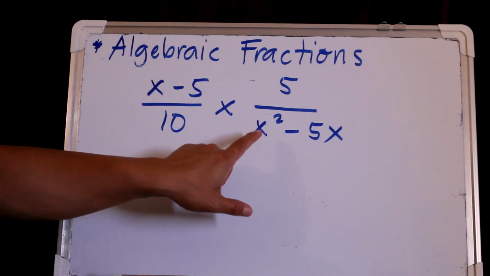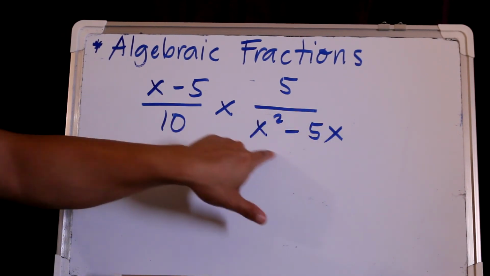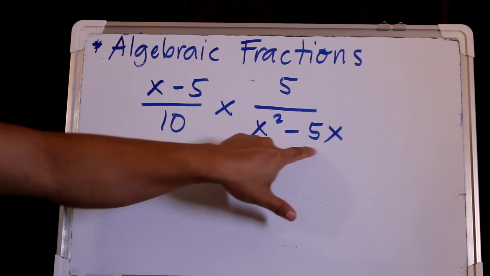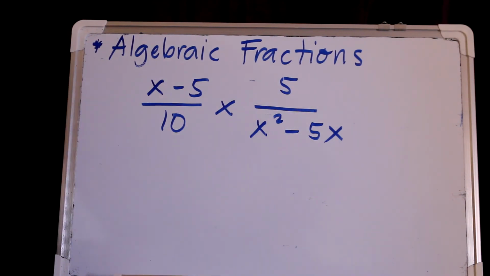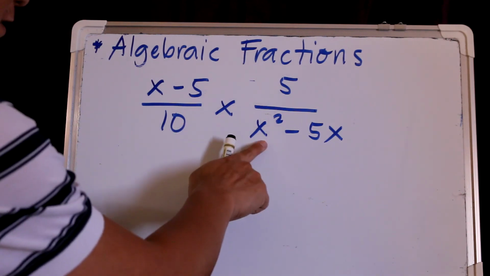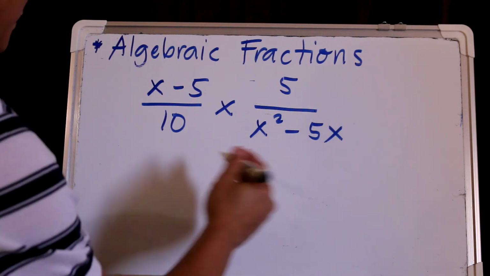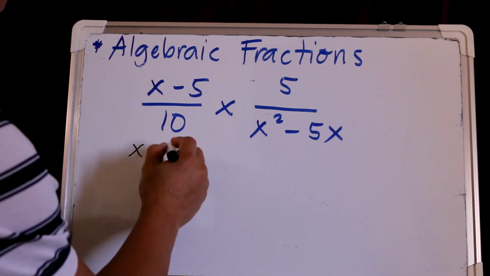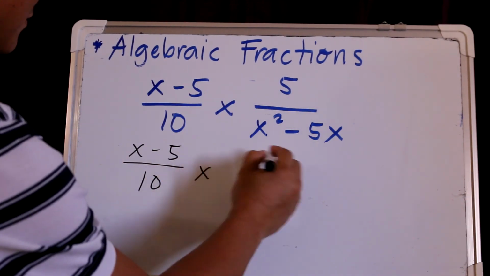Alright, so we have this part right here. We have a quadratic algebraic quantity. Okay, so it's a quadratic expression here. So what we are going to do, we will simplify this, and since it doesn't have any number here, then we can have x minus 5 over 10 times 5.